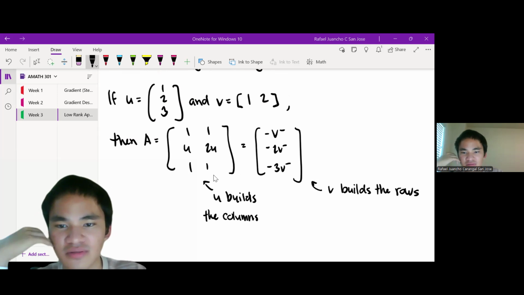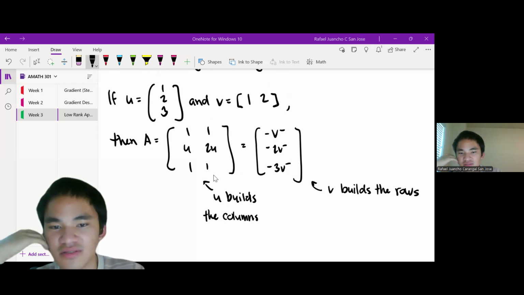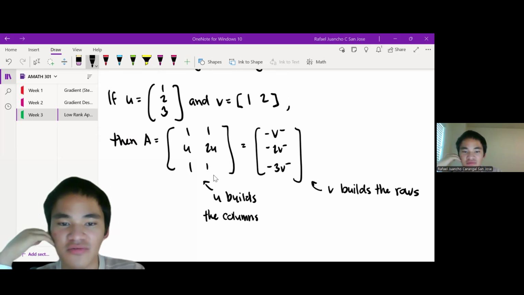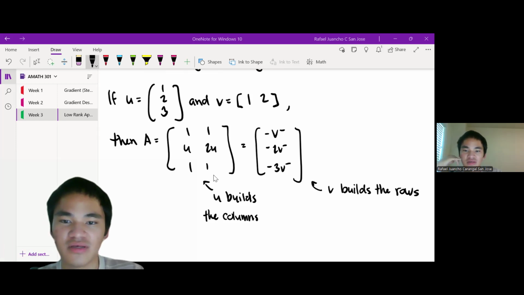How is that possible? Well, basically it's the outer product of these two vectors. U is the column vector and V is the row vector. And so if we get their outer product, meaning we transpose V, well then we get the same A matrix.